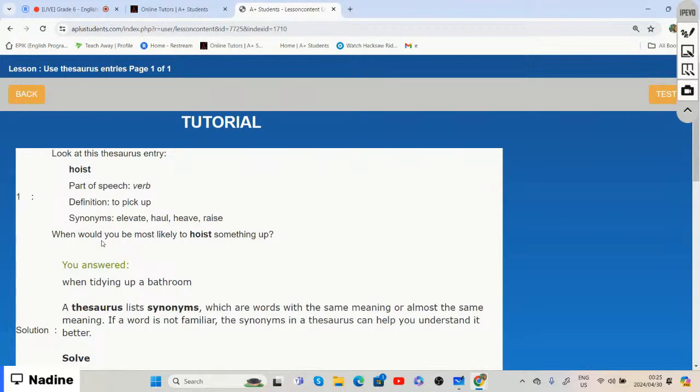Now we're going to go over again what thesaurus entries means, and then we're going to our test.